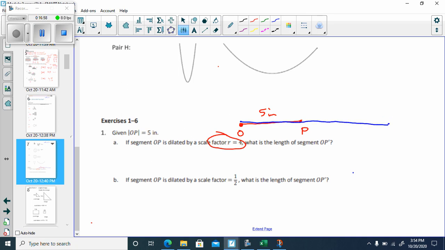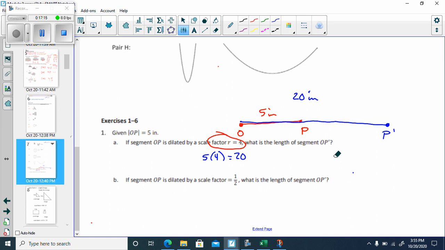Okay, we want to know how long OP prime would be. If it's 4 times what this was, that would be 5 times 4, which is 20. This is 20 inches long, okay?